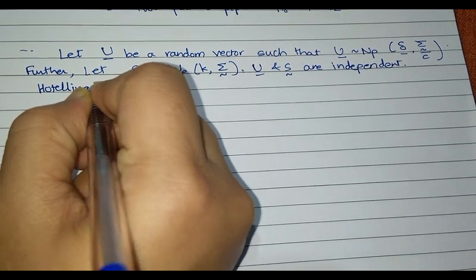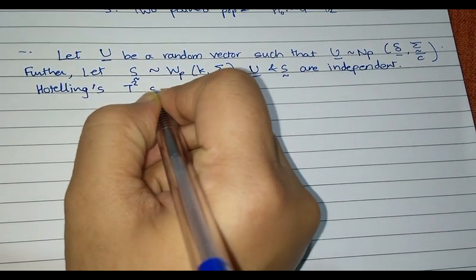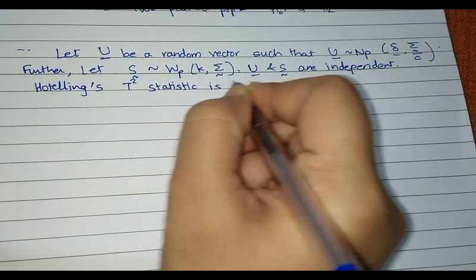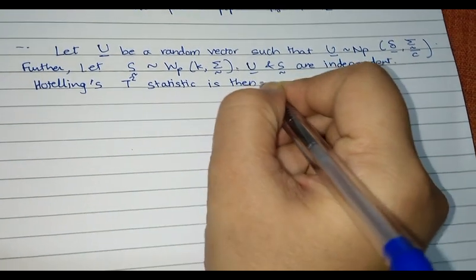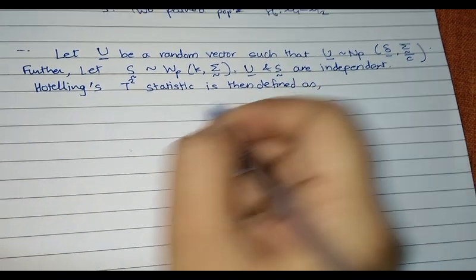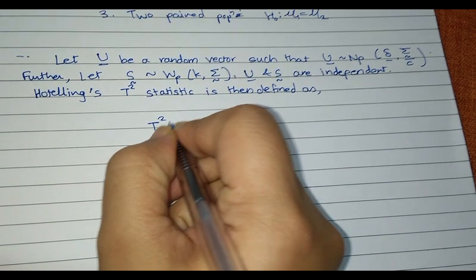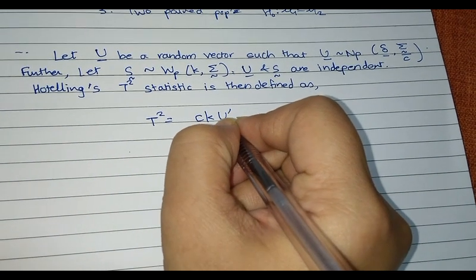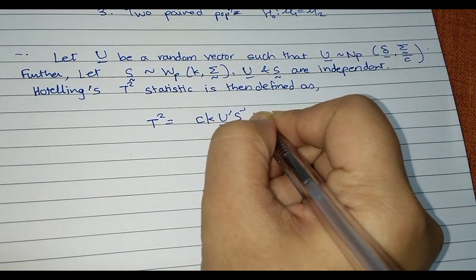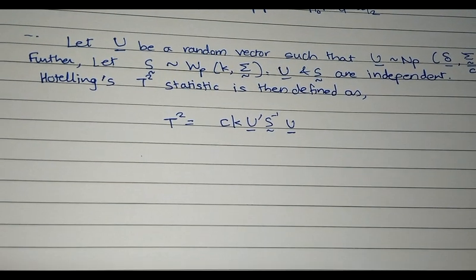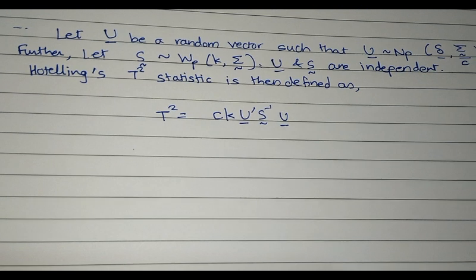Hotelling's T-square statistic is then defined as T square equal to c k U prime S inverse U.